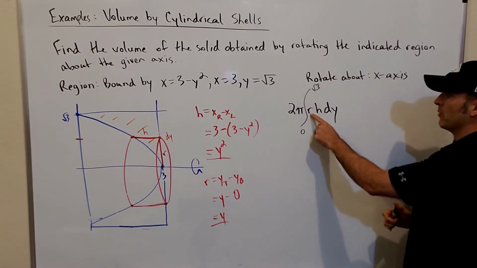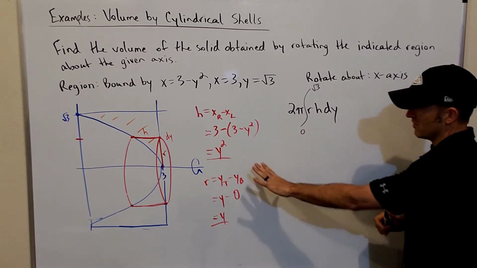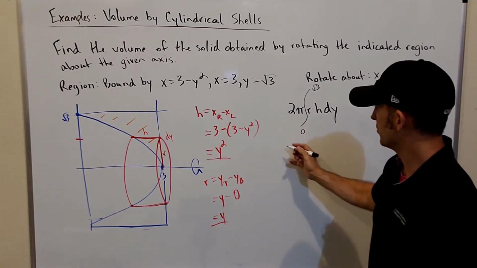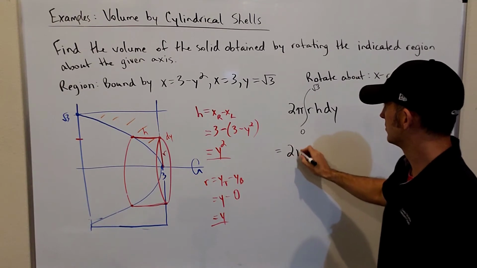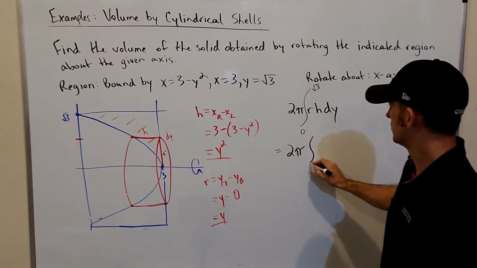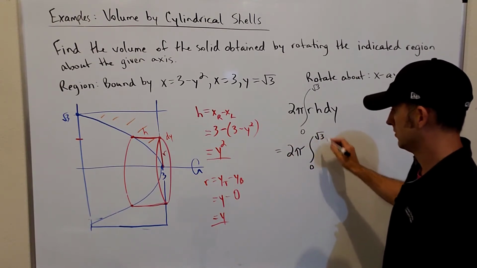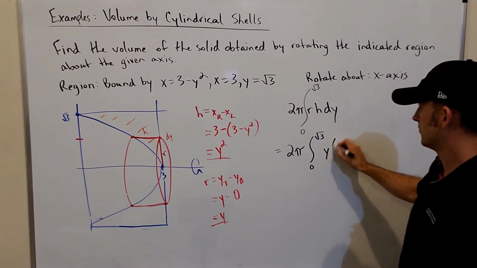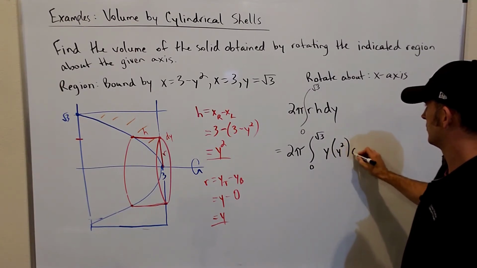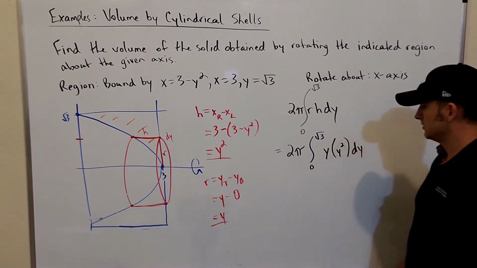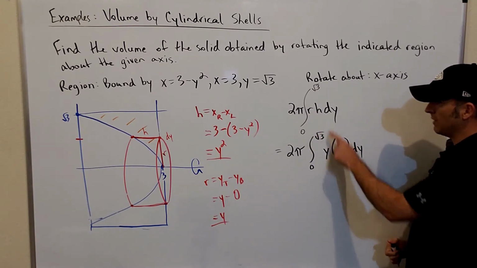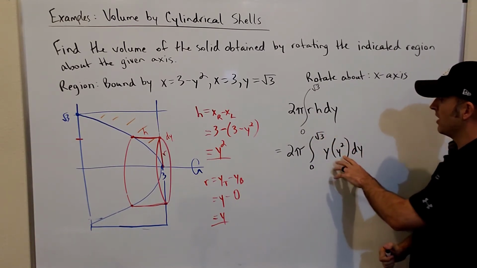And then I need to write my radius and height in terms of y, which I've already done. So now we'll run through the integral. So my radius is y, my height is y squared.